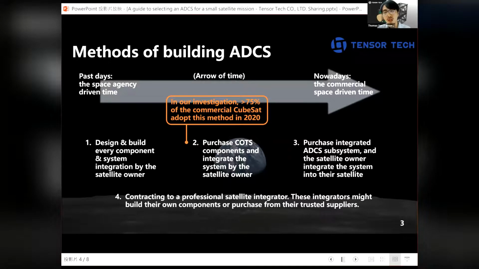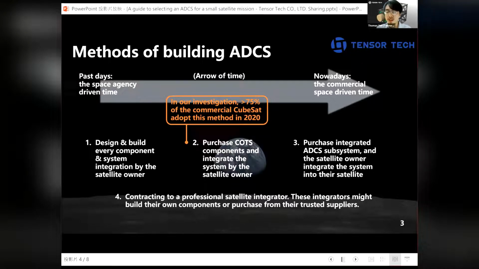And according to our investigation, most of the CubeSats are built by the second methodology nowadays. But there is also another trend popping up: people have started to purchase integrated ADCS, where the vendors help people integrate everything together from the components, and then help them develop the firmware, the algorithms, and also the calibration.